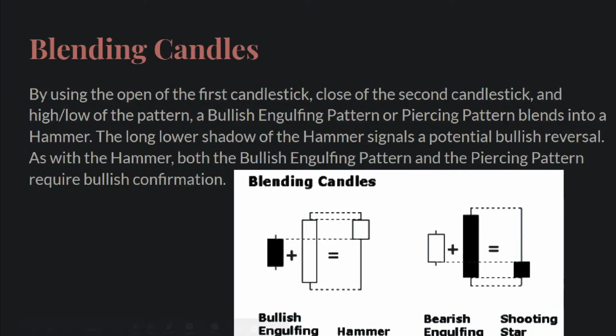By using the open of the first candlestick and the close of the second candlestick and the high and low of the pattern, a bullish engulfing pattern or piercing pattern blends into a hammer. So if you're looking at a piercing pattern or a bullish engulfing pattern, on the next time frame up you'll be looking at a hammer because they've blended together.